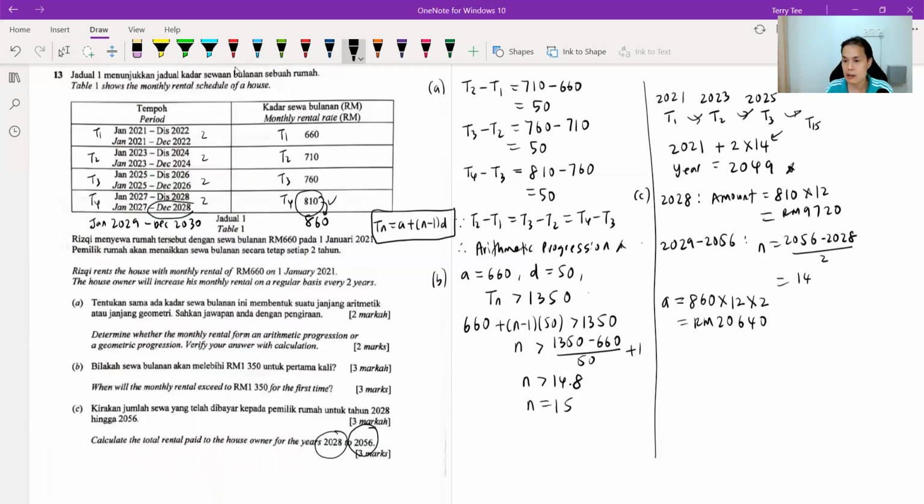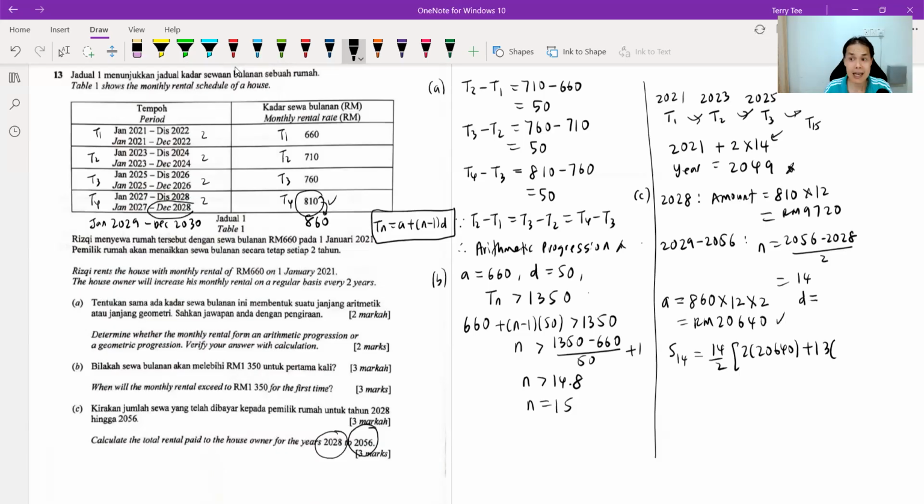That period, you collected this amount. But we're going to increase this for 14 periods. So we are finding S14 now. Use n over 2, 2a, 20640 plus n minus 1, which is 13d. By the way, what is your d?